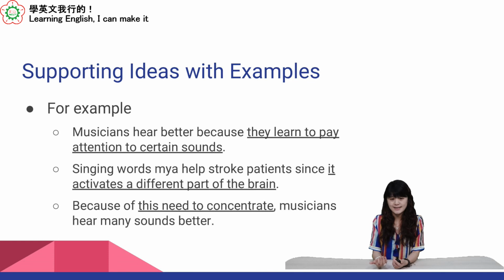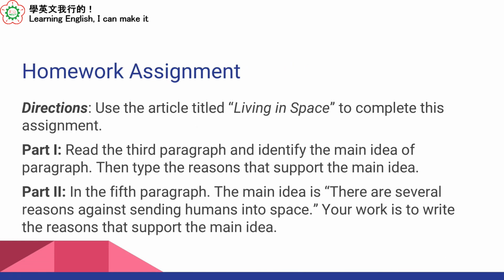So I'm going to show you the homework here, and I would like you to use the article titled Living in Space to complete this homework assignment. So here are 2 parts of the assignment. First, you need to focus on the 3rd paragraph and identify the main idea of the paragraph first. Then please write the reasons that support the main idea.